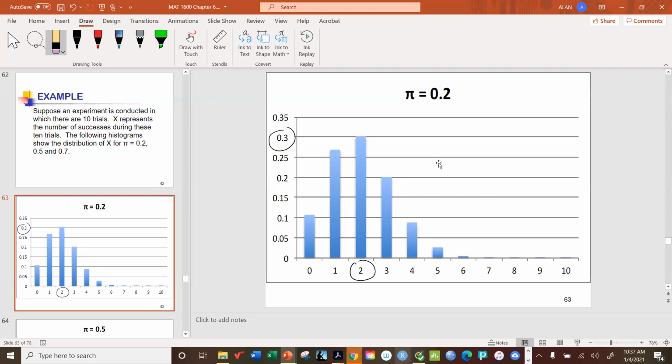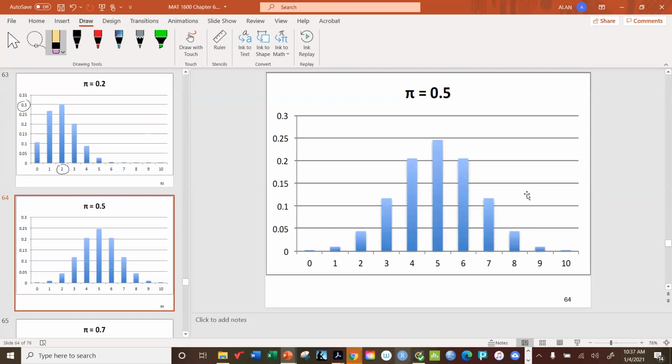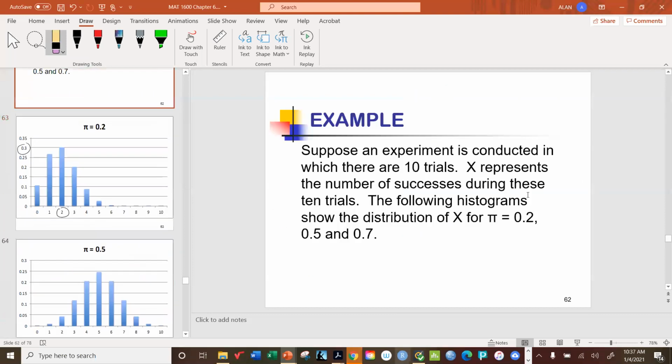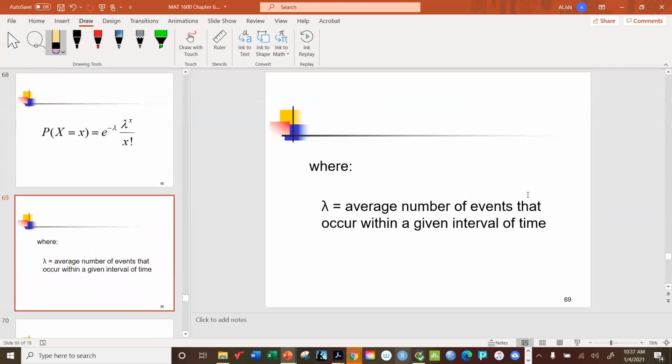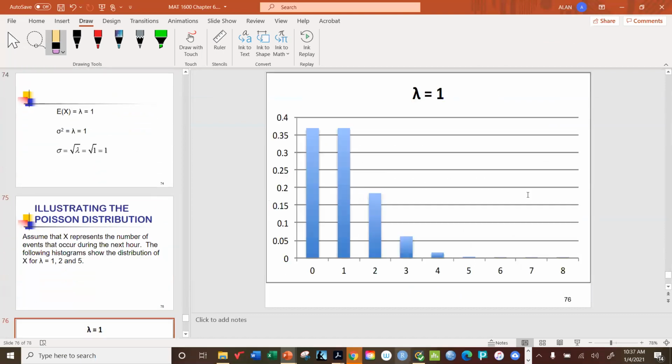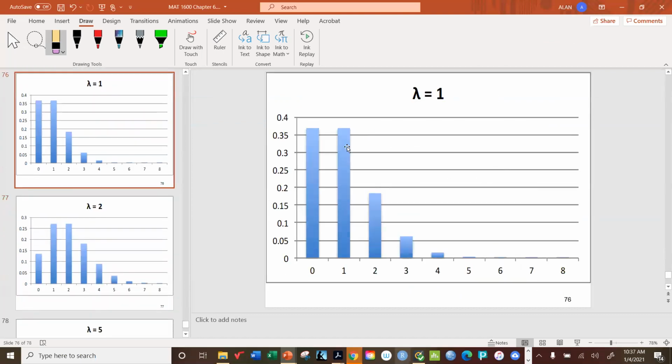Here, this is the case where we had 10 trials, or n equals 10, and the probability of success, or pi, is 0.2. You can see this looks very different than the case where n is 10 but pi is 0.5 and 0.7. So with the binomial distribution, the only thing that separates each graph is the value of pi.